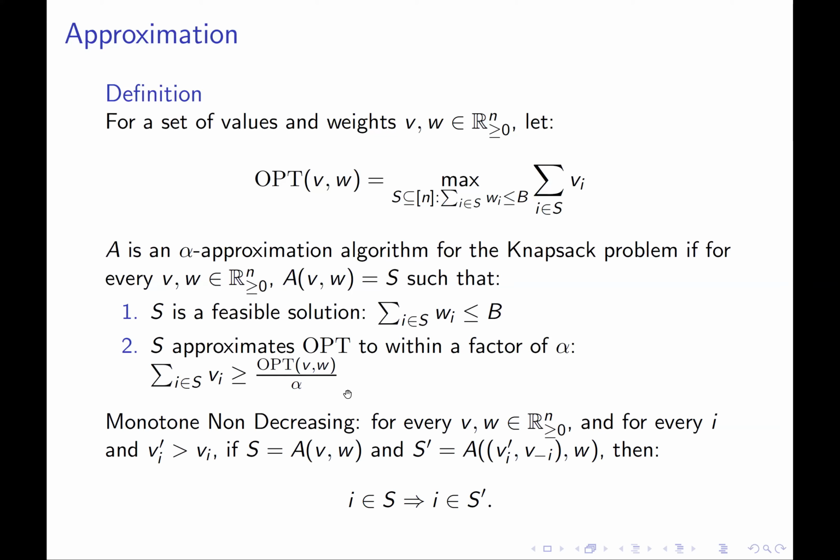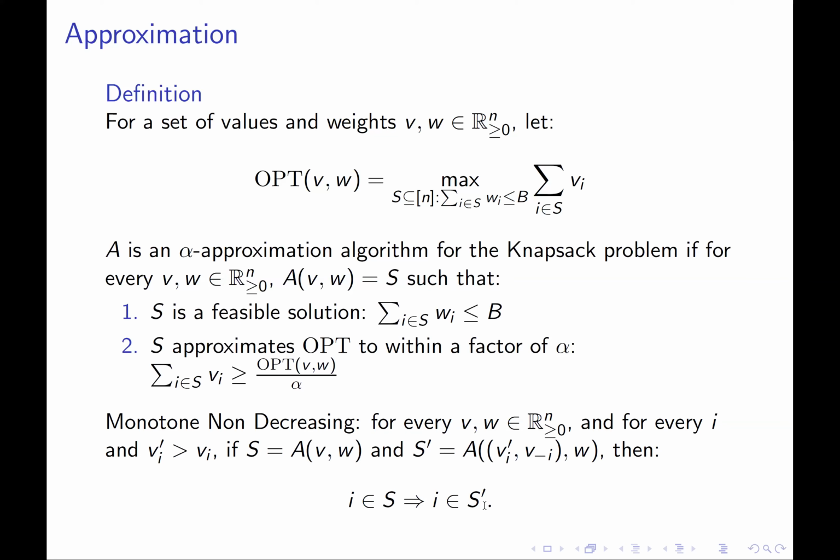It means that for every instance of the problem, for every vector of valuations, for every vector of weights, and for every bidder i, if bidder i considers over-reporting their value, if bidder i decides to report vi prime instead of vi, where vi prime is some bid that is larger than vi, then if I look at the set of winners that our algorithm comes up with when bidder i reports truthfully, and the set of winners when bidder i over-reports, then if i wins when he reported truthfully, he should still win when he over-reported.